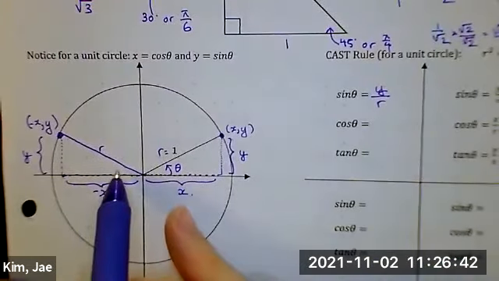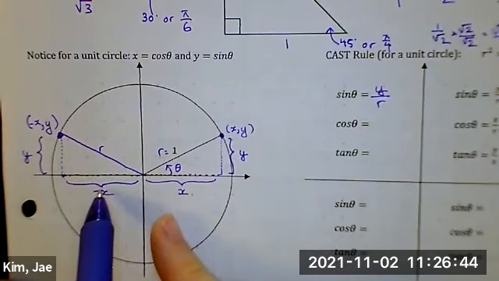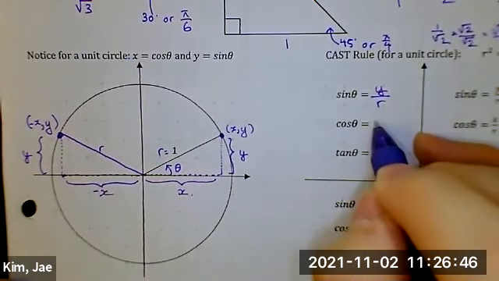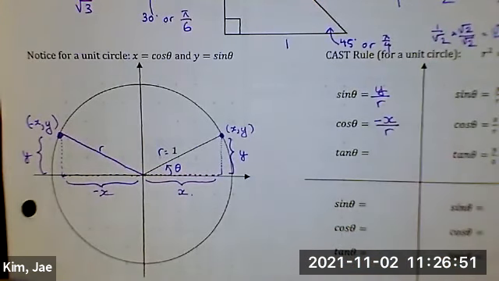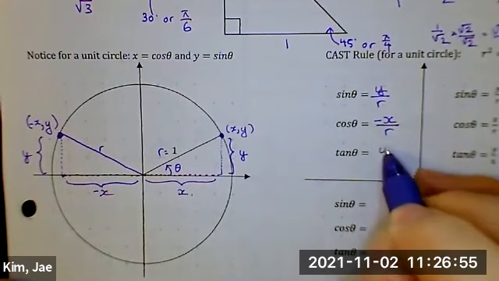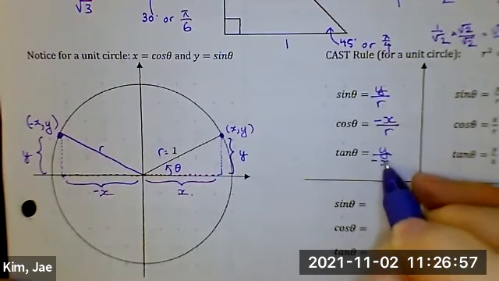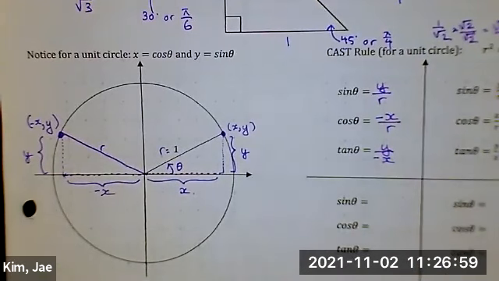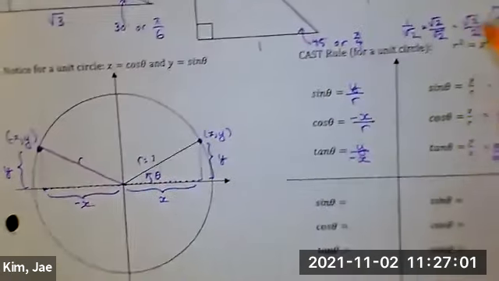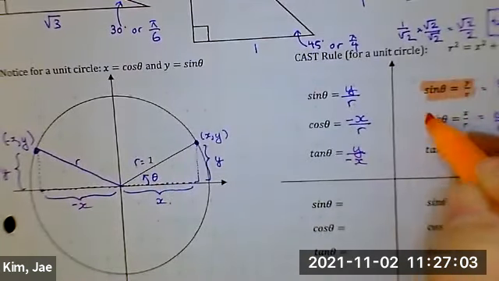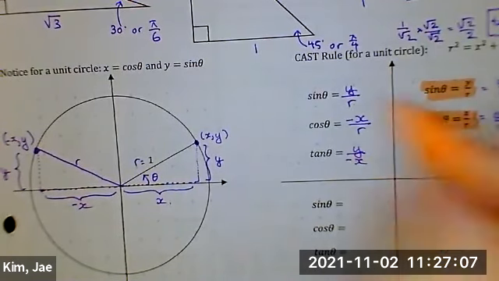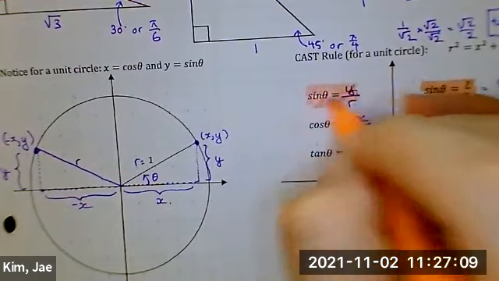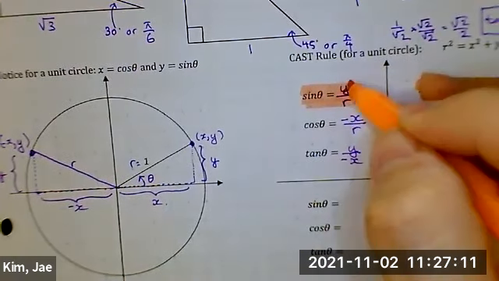But for cosine being adjacent over hypotenuse, it's a negative x over an r. For tangent, it would be y over a negative x. In short, for the first quadrant, everything is positive. But for the second quadrant, only sine is positive.